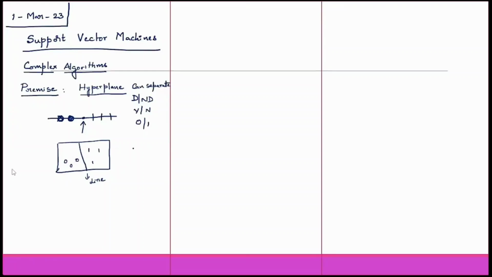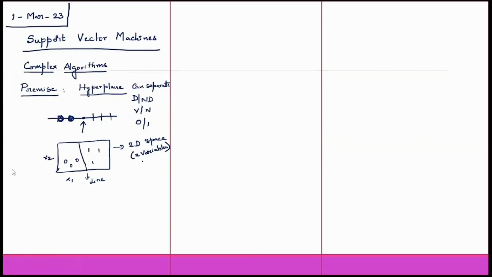Right? So what we are saying here is, if it is a two-dimensional data space, which means there are only two variables, probably x1 here, x2 here.